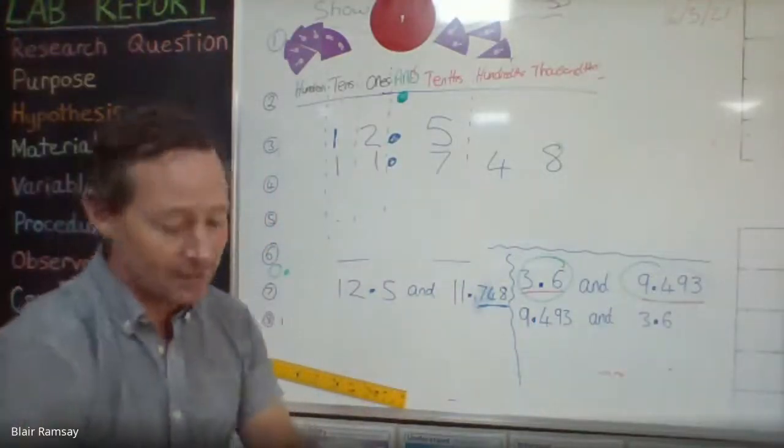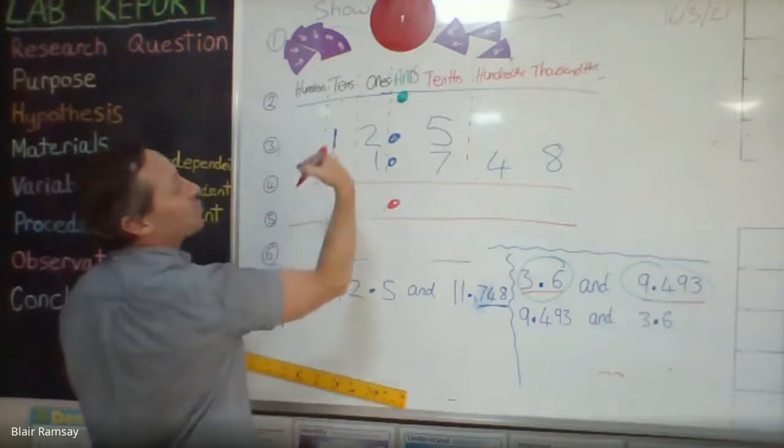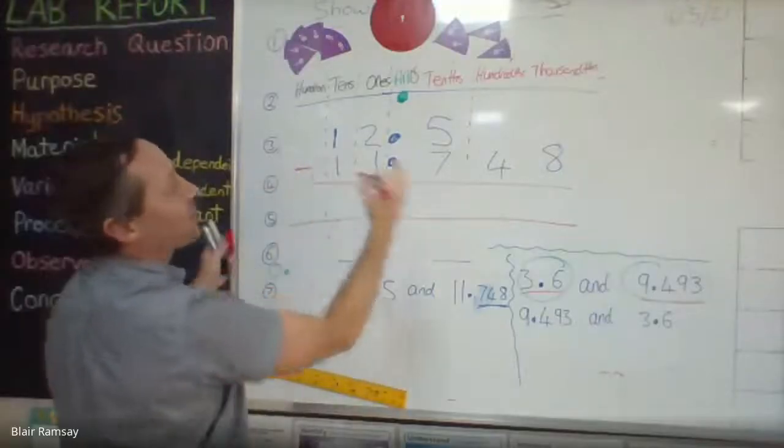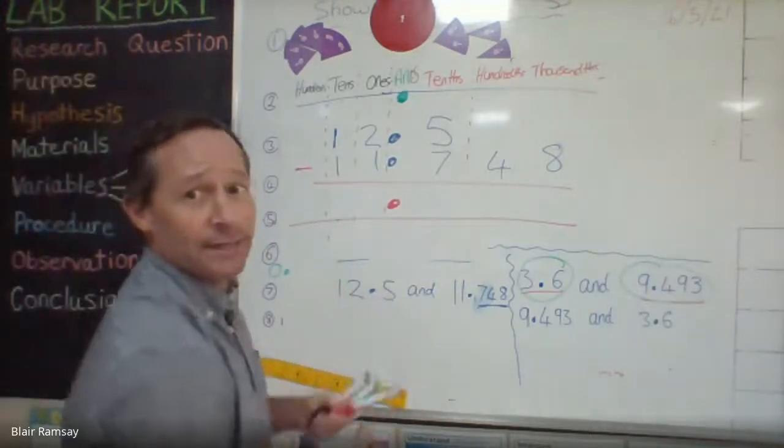What's the next step, Layla? You put the line under it, and then you put the decimal point right under the rest of them. And am I adding or minusing? Minus. Is there anything else I might do to help me solve this?